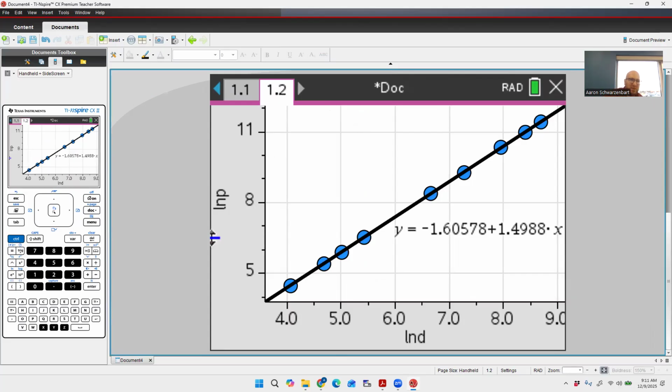So ultimately, I need to think of this as ln(p) equals negative 1.61 plus 1.50 ln d. I will raise both sides to the power of e, giving me just p on this side: e to the negative 1.61 times e to the 1.50 ln d.